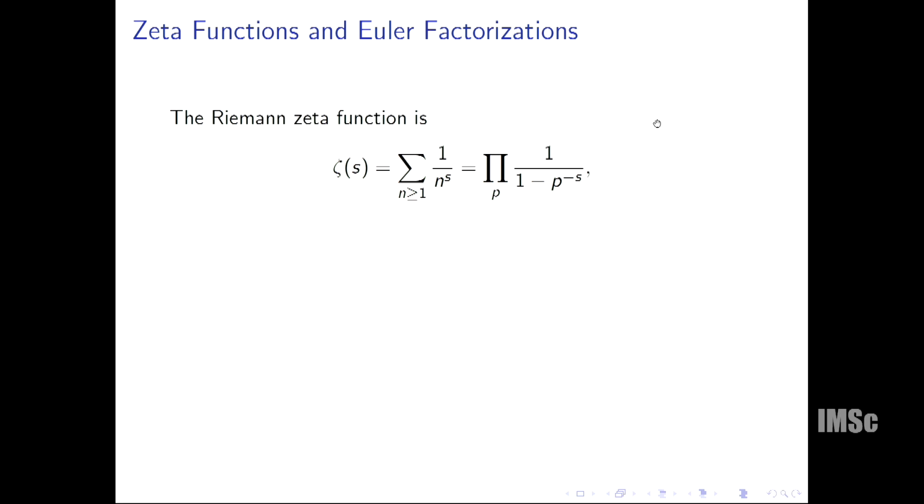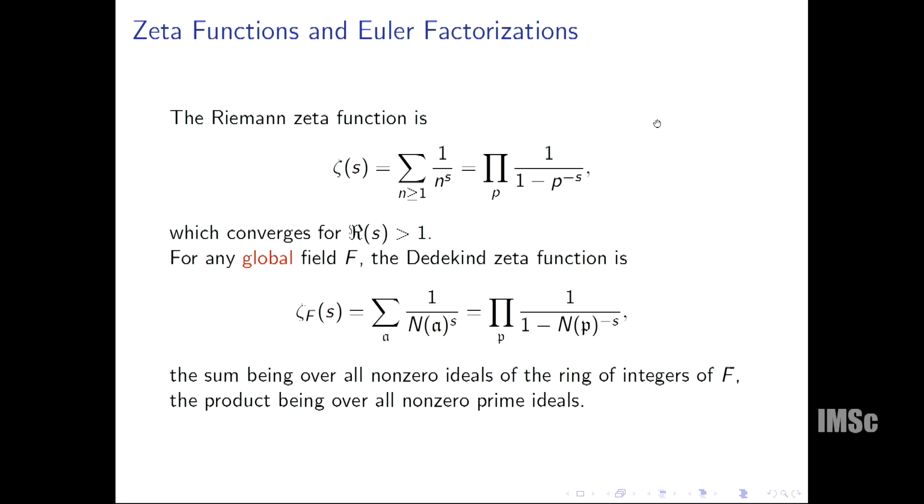This was discovered by Euler, and it has a product decomposition over primes. This basically comes from the fact that every integer has a unique factorization into prime numbers. And this one converges for real part of s greater than 1, which is maybe an exercise in calculus when we study convergent series.